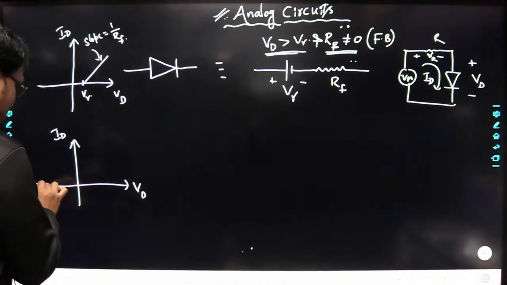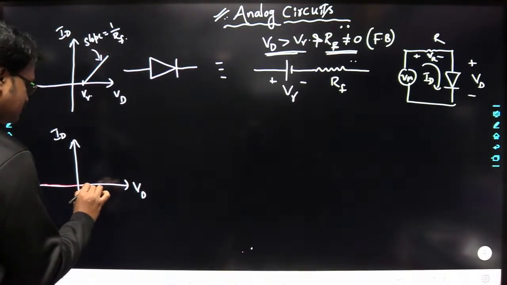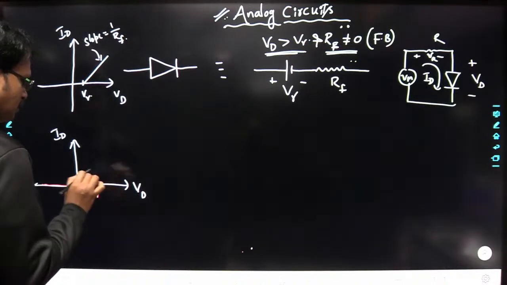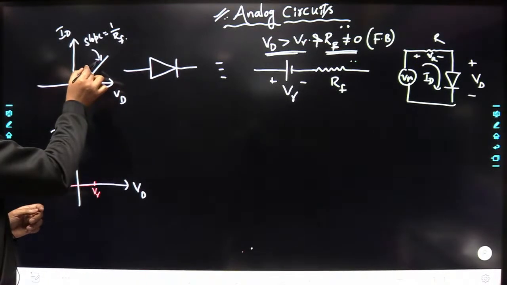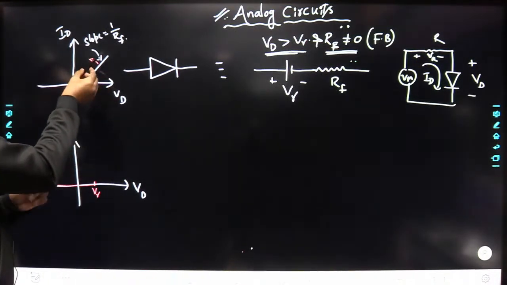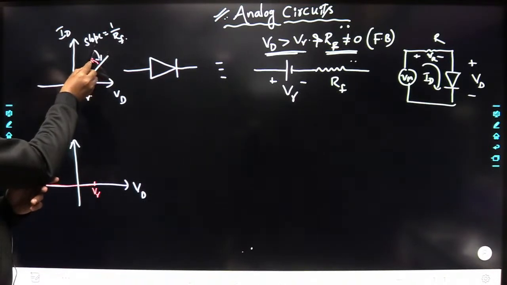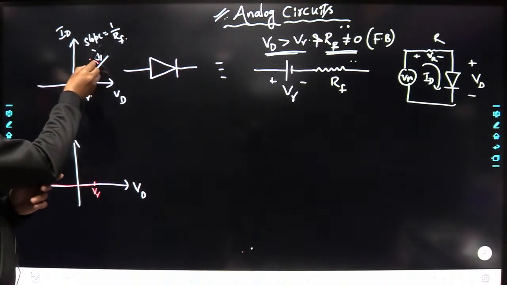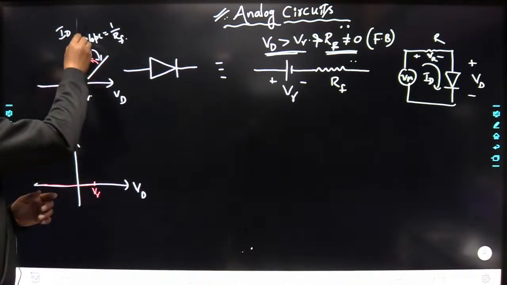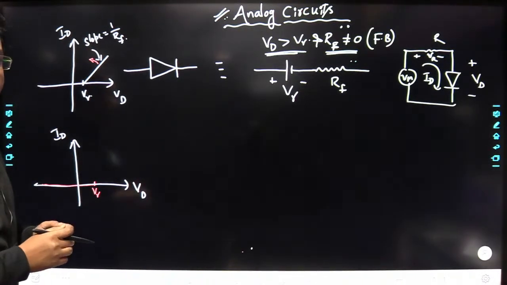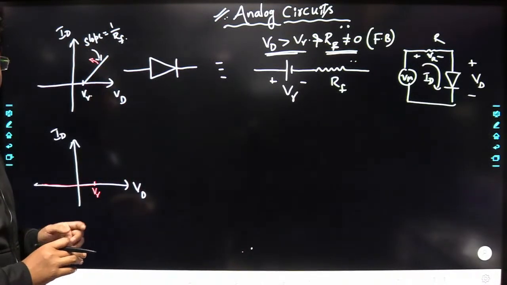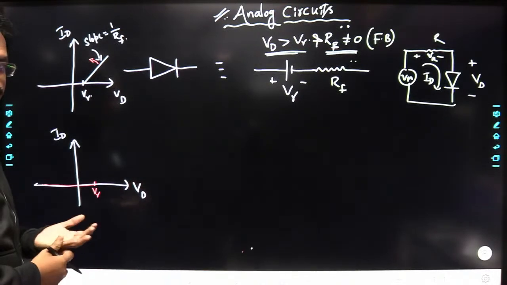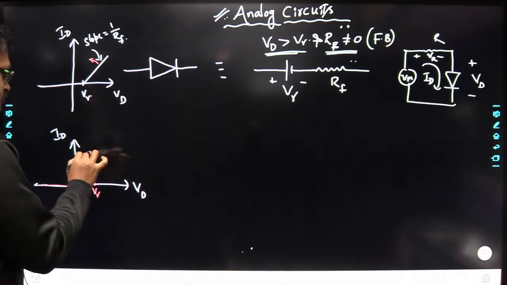If I move this line in the anti-clockwise direction, its slope is going to increase further. If you make it a straight vertical line, the slope becomes infinity, which means the forward resistance offered by the diode becomes equal to 0. So this is another approximate model.